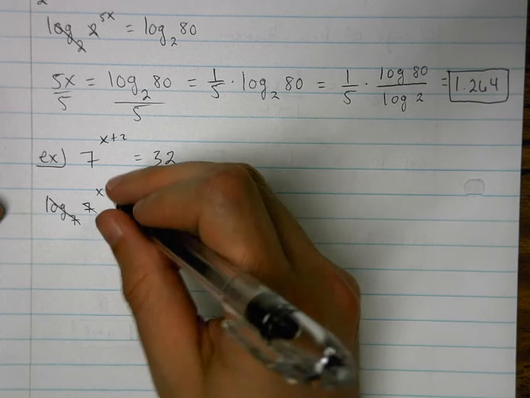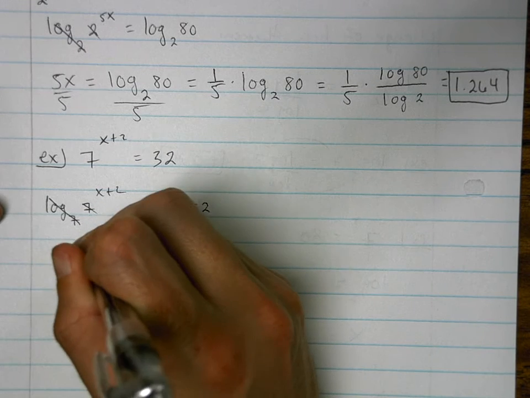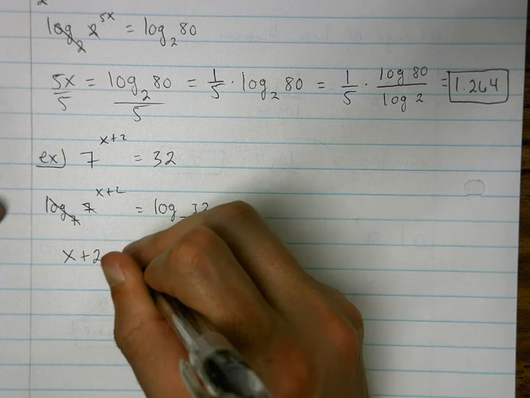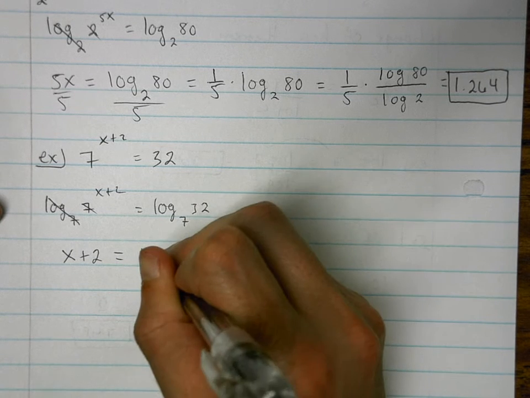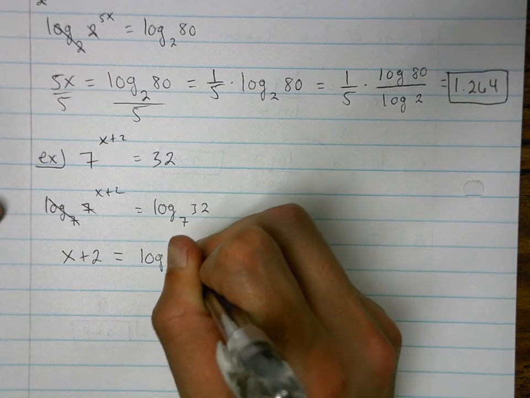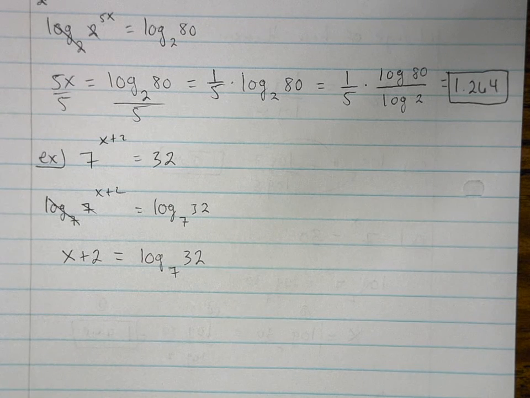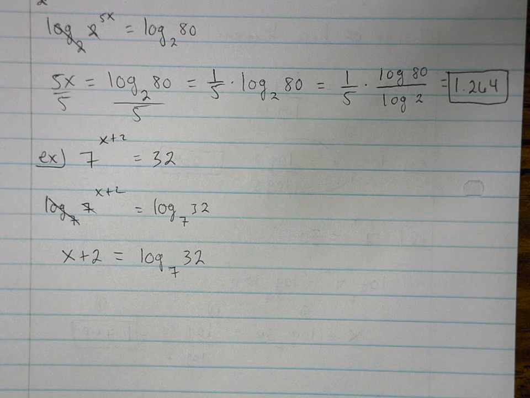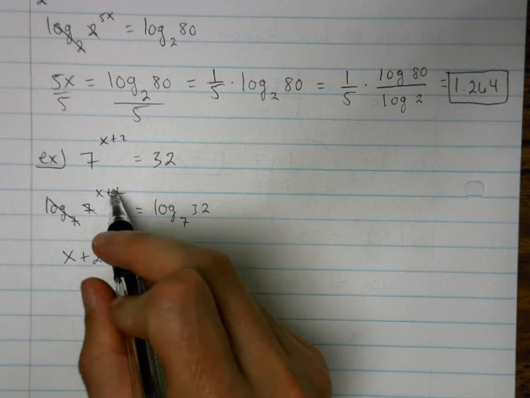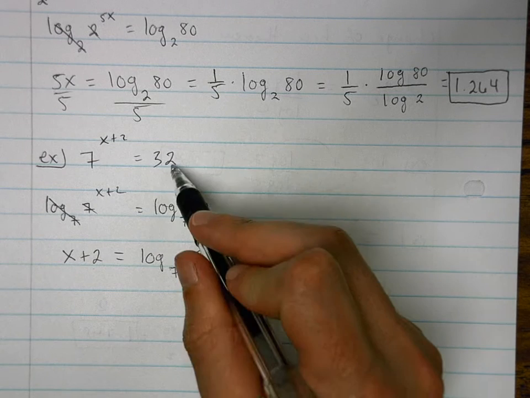So x plus 2 comes down, and on the right side I have log base 7 of 32. So the exponent comes down. This is now log base 7 of 32.